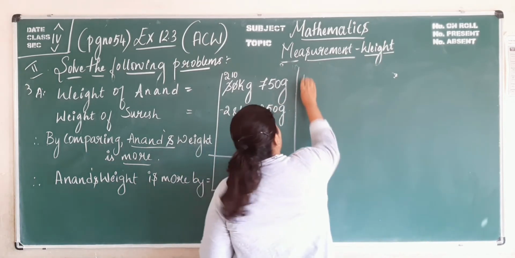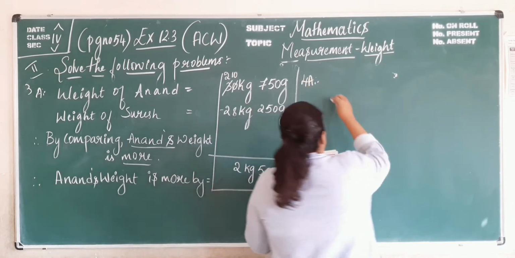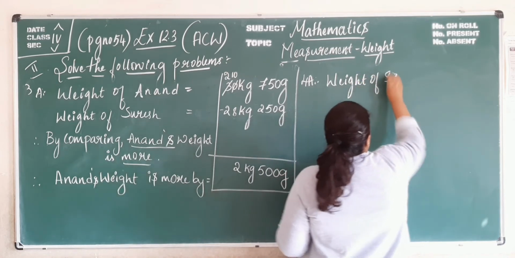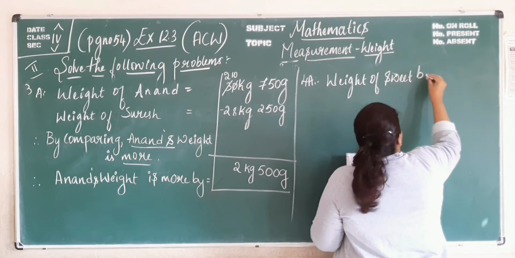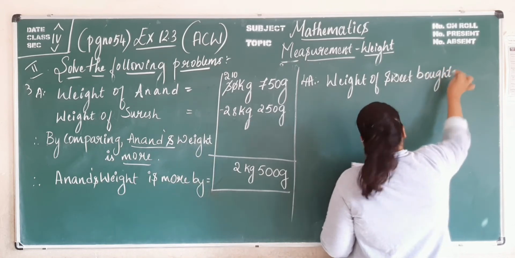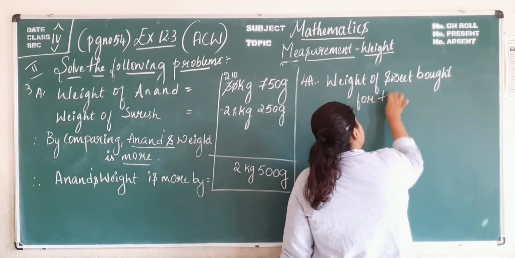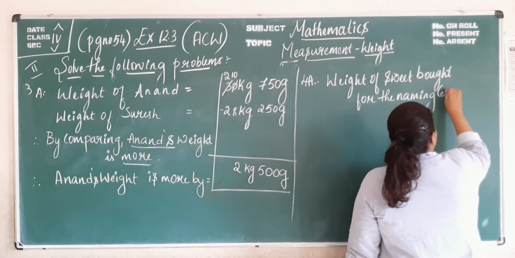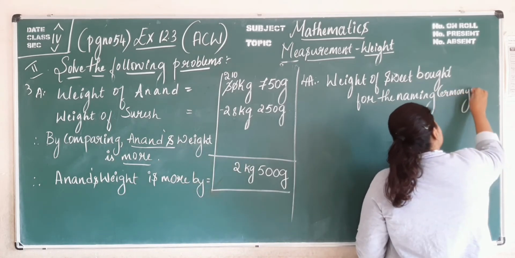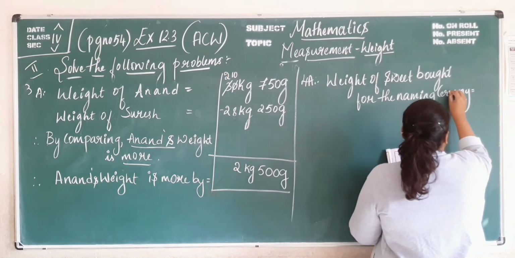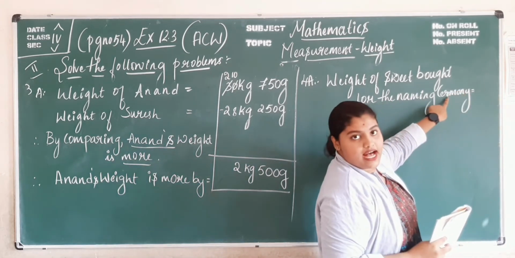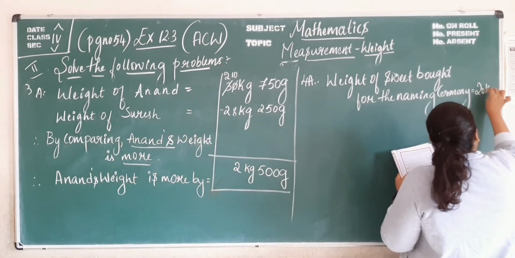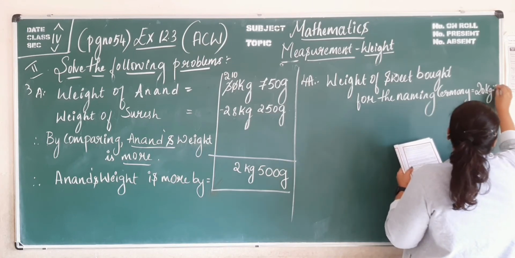Write down: weight of sweet bought for the naming ceremony is equal to 20 kg 250 grams.